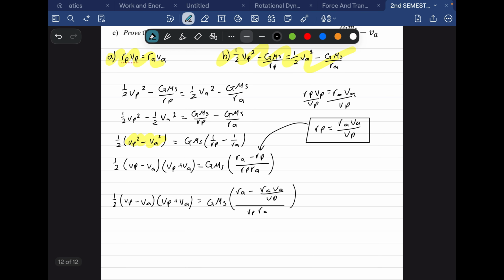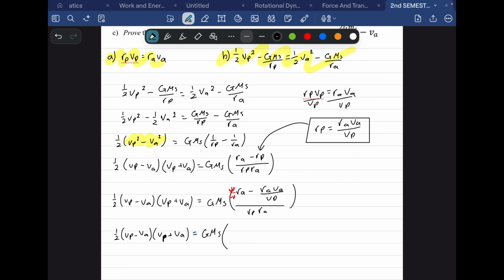And then I'll simplify it further. Just multiply the RA with VP over VP to get the common denominator.